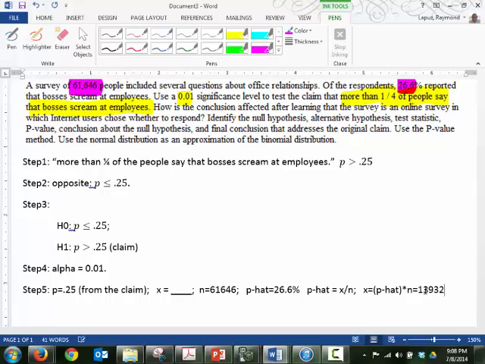Because it's a percentage, you have to divide first by 100? Yeah. Or you can multiply by 0.266. Okay, let's try to say it again.